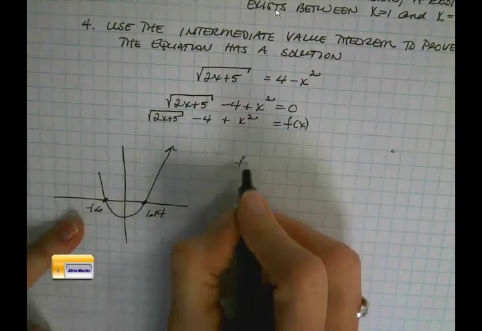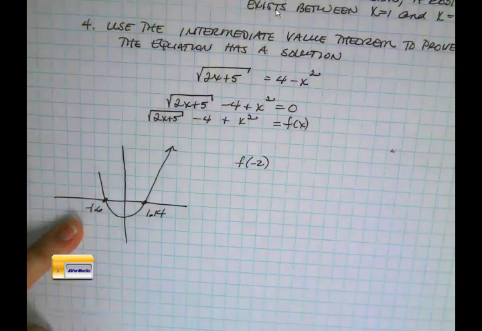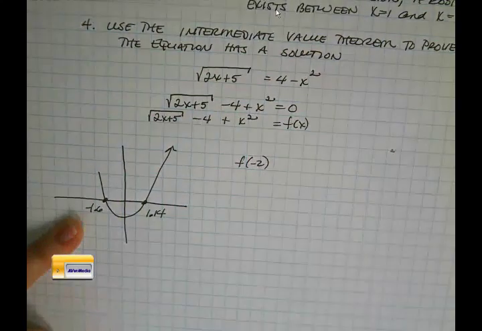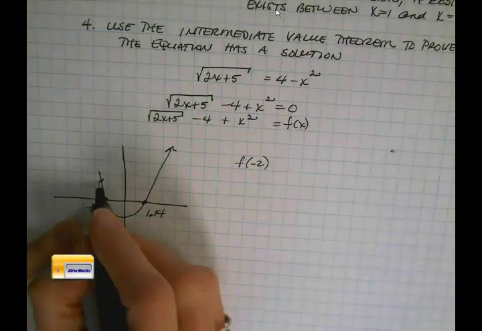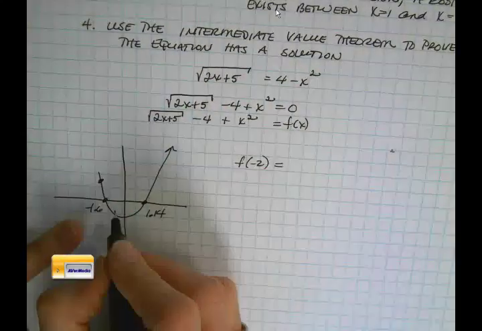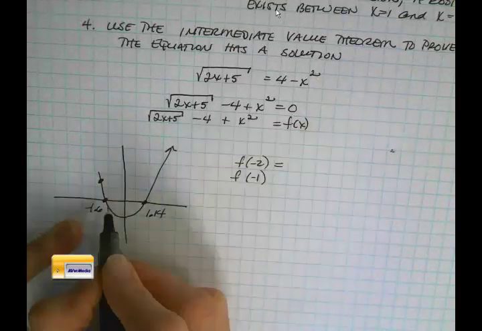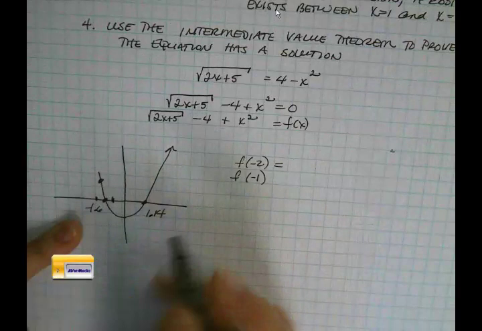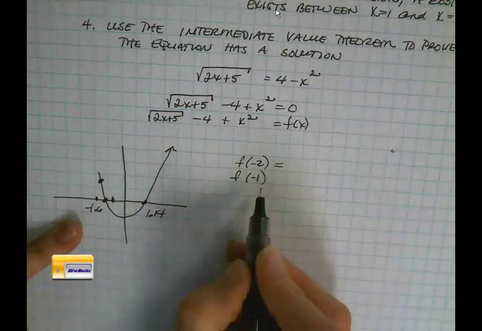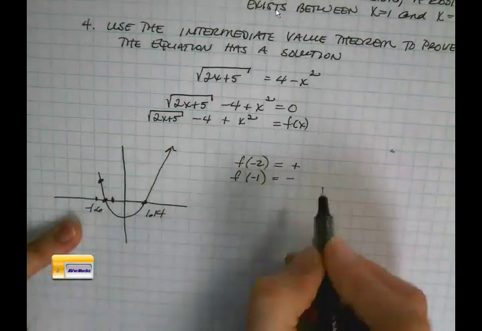If I pick a number to the left of a negative 1.6, is it going to be positive or negative? It's going to be positive because it's up here somewhere. Okay? If I pick a number to the right, suppose I pick negative 1, which would be in this region, right? Is it going to be negative or positive? It's going to be negative. Okay, we got to show that.